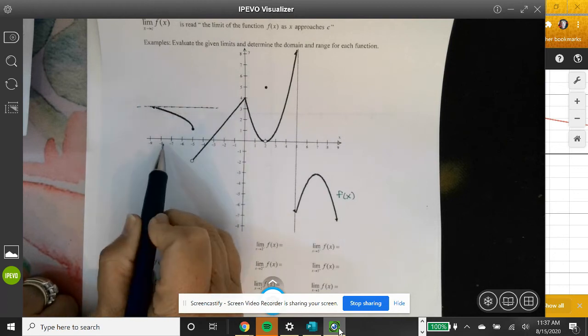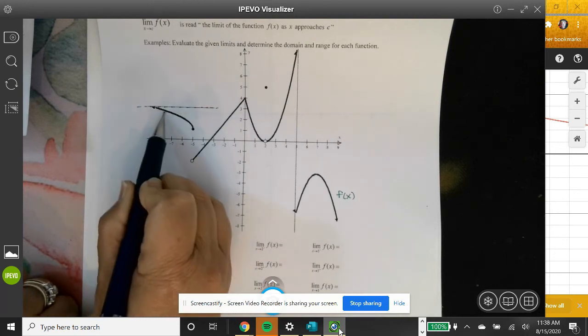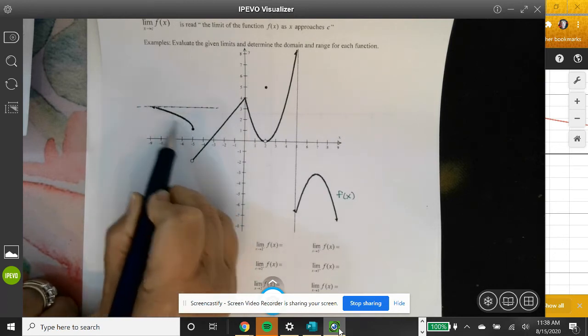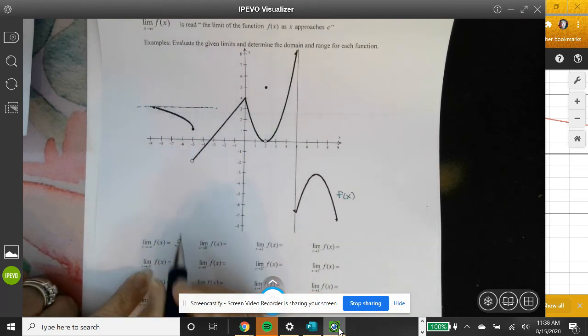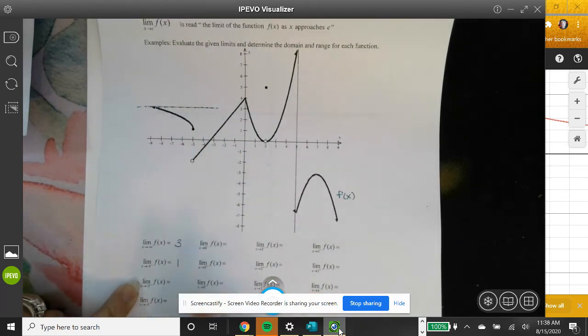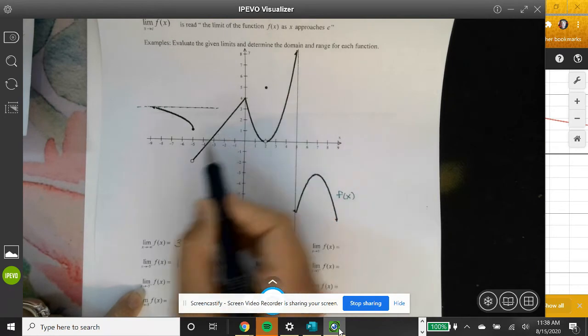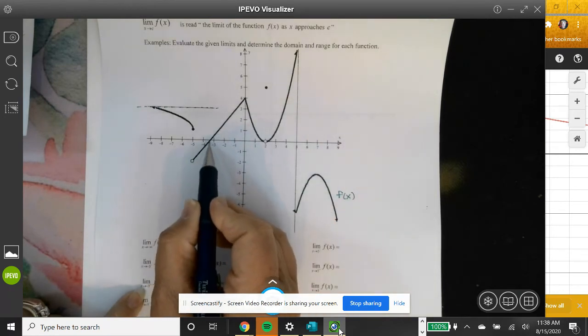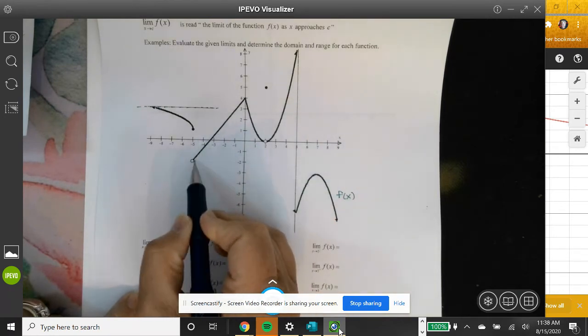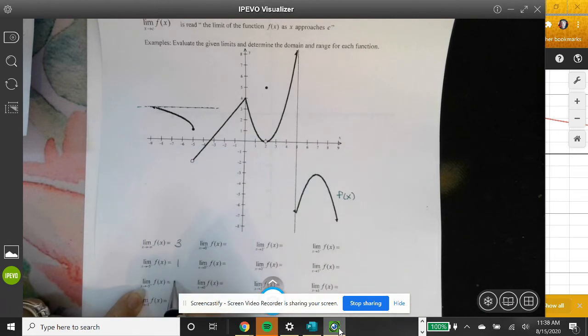The function is approaching 1 from the left side. From the right side, the limit of f of x as x approaches negative 5 from the plus side, well, if I get closer and closer to negative 5 from the right side, the y value we are approaching is negative 2.